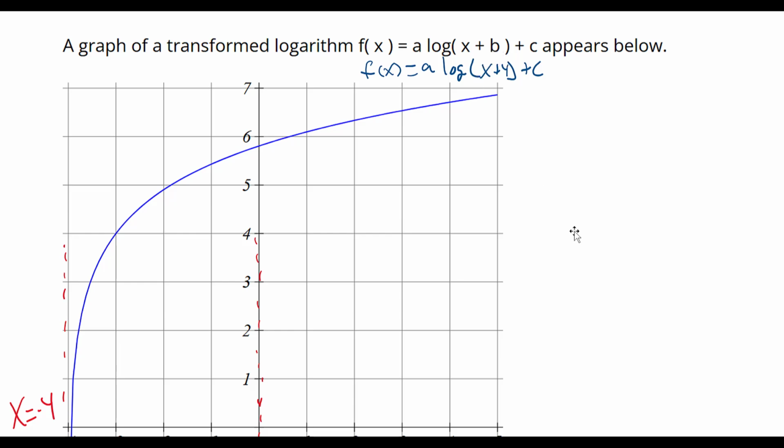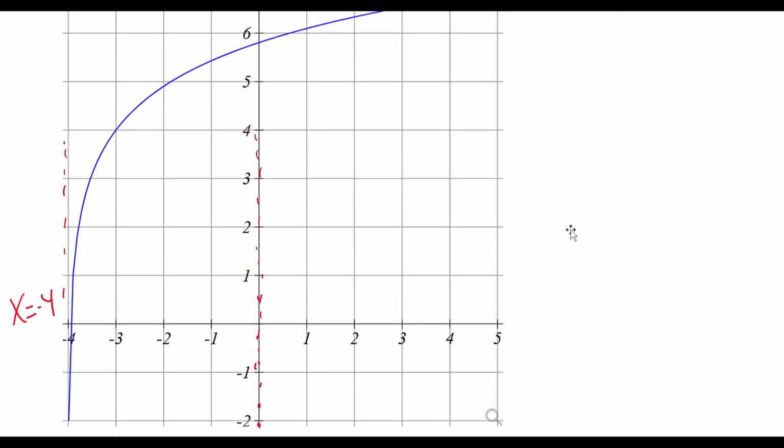And let's see here. There's a point that it goes through. Now normally it'd go through the point 1, 0, coming up like this. If we assume this is that point moved over, we can think of it as having an upward shift and a vertical stretch.